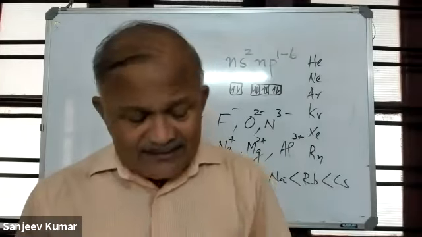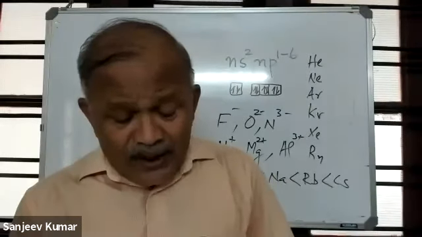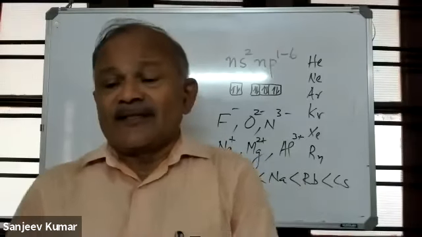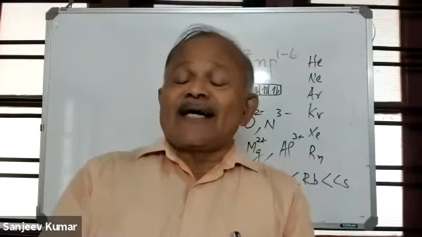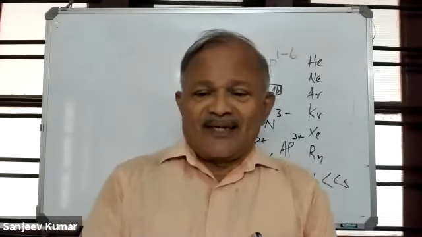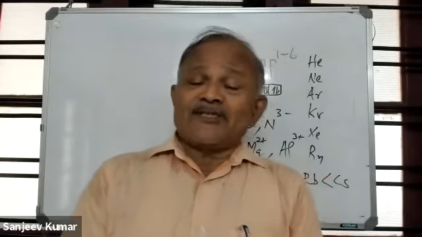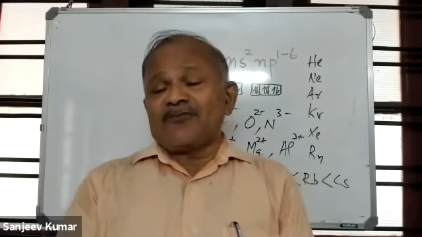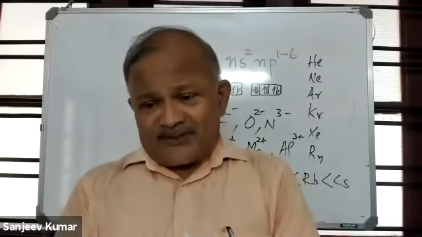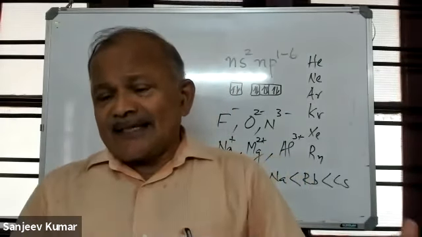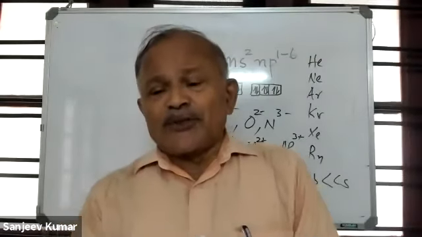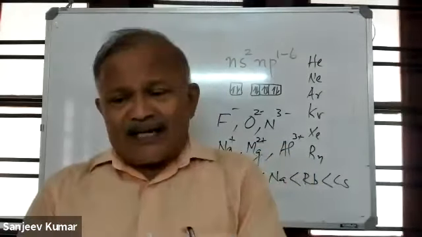The seventh question is the electronic configuration of an element X having atomic number 24. We know that atomic number 24 is for chromium. When we arrange the electrons according to the Aufbau principle, we know argon is 1s2, 2s2, 2p6, 3s2, 3p6, 18 electrons.